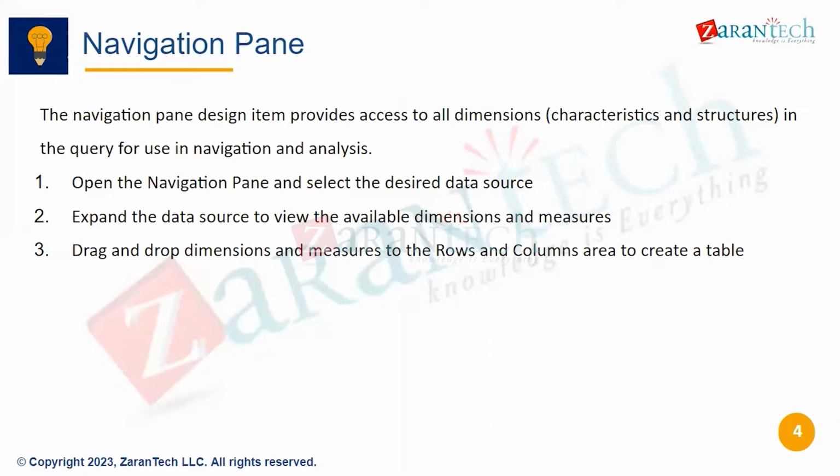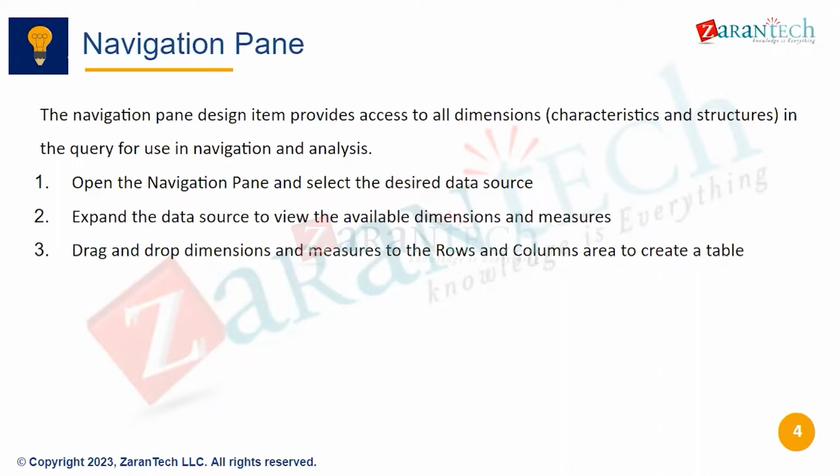So here there are three, four sections, right? If you see, one is called rows, one is called columns, one is called background filters, and another one on the left side is the data source and all the available characteristics.